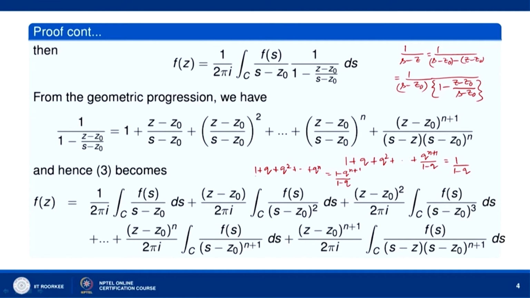So I can write 1 plus q plus q square and so on up to q to the power n, plus q to the power n plus 1 upon 1 minus q, equal to 1 over 1 minus q.